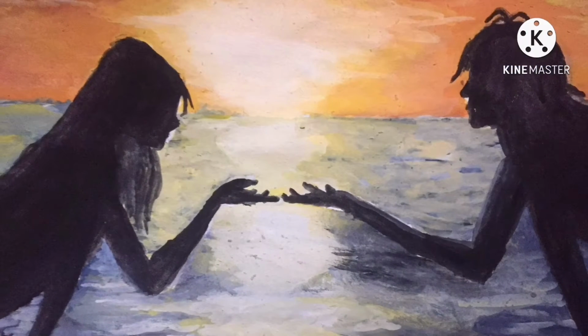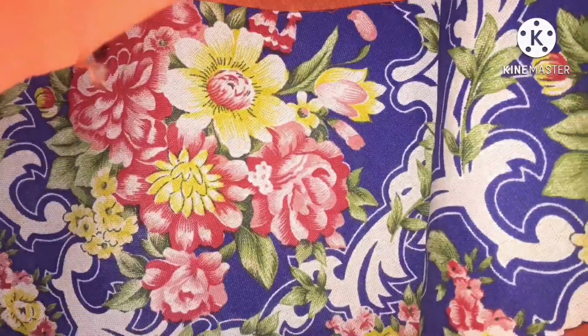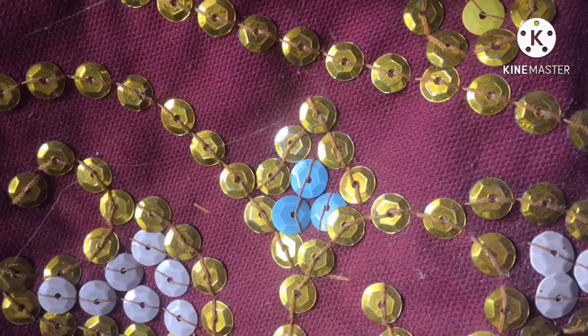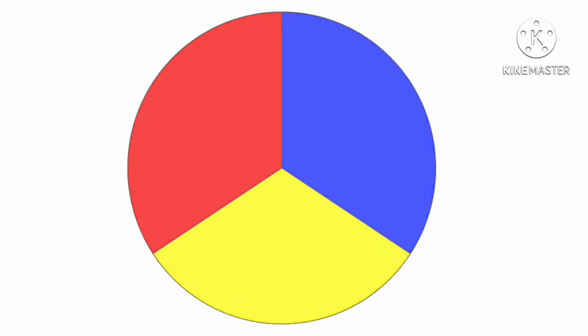Color is created when light strikes an object and reflects back into your eyes. All colors come from the three primary colors, and it can also be seen in black and white. The primary colors are red, yellow, and blue.